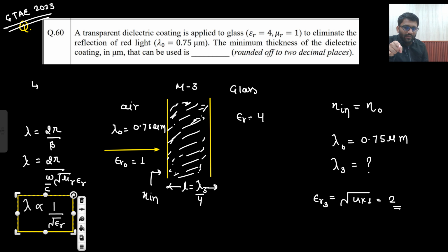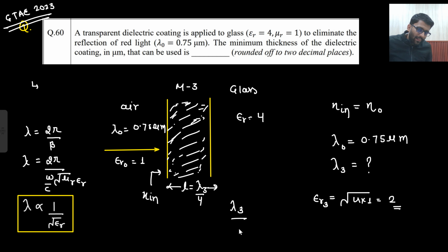Say yes or no, did you get this concept? So now if I need to find lambda 3 divided by lambda naught, that would be equal to root epsilon r naught upon root epsilon r3.